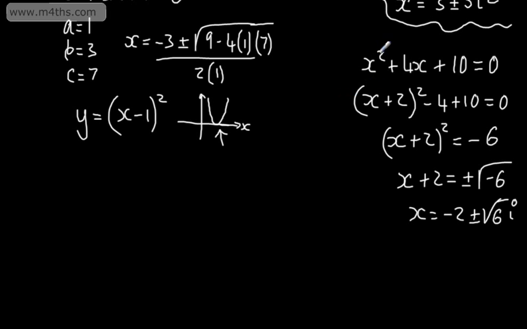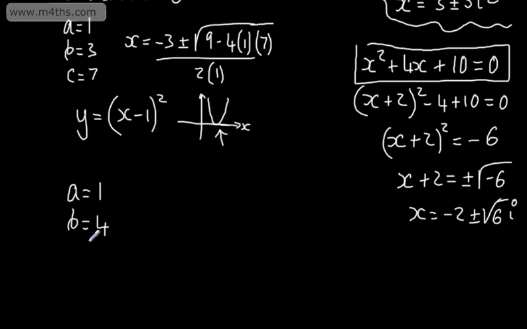If we'd just taken this here, what we could have done is the discriminant on this. We could have said now that A is equal to 1, B is going to be equal to 4, and C is going to be equal to 10. Again, all of these are positive. So using the discriminant, b squared minus 4ac, we're going to have 4 squared, which is 16, minus 4 multiplied by 1 multiplied by 10.